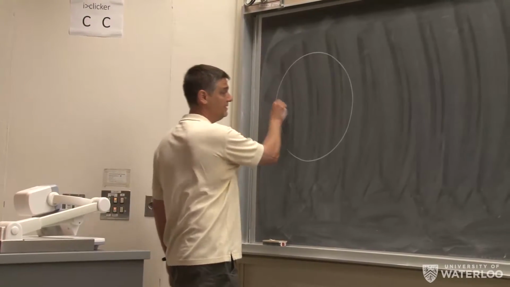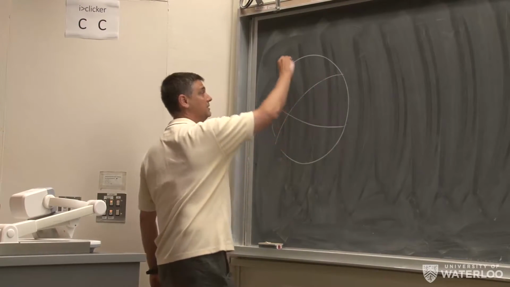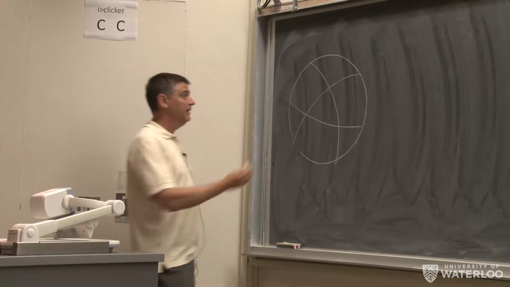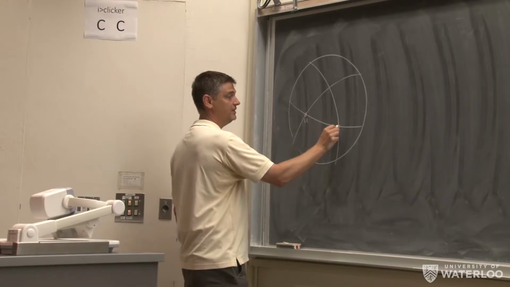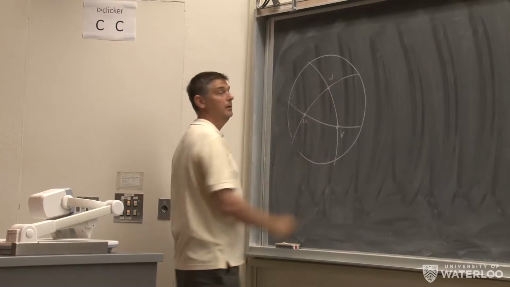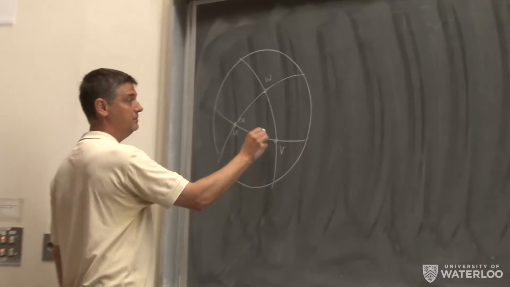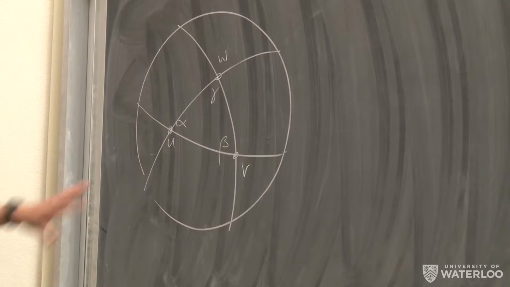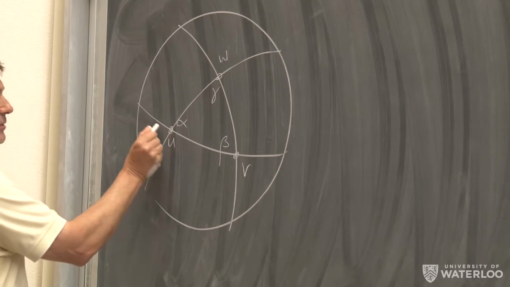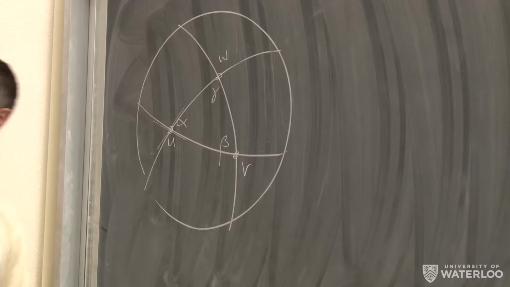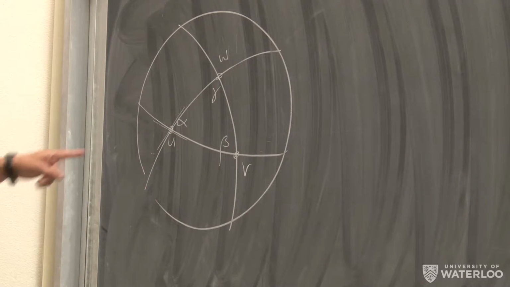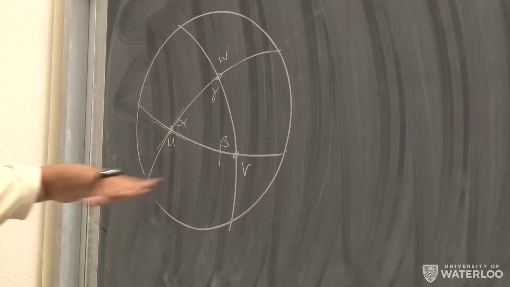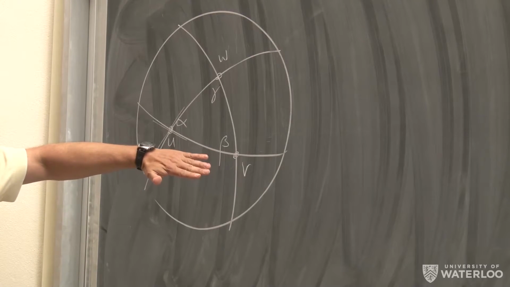And if you give yourself 3 lines, or 3 equatorial circles, they will form a spherical triangle. And that spherical triangle will have 3 vertices, say U, V, W. It will have 3 angles, alpha, beta, gamma. The angles you can define precisely as angles between tangent lines, or you can describe them as being angles between planes, because each of these spherical lines is the intersection of a plane through the origin with the sphere.